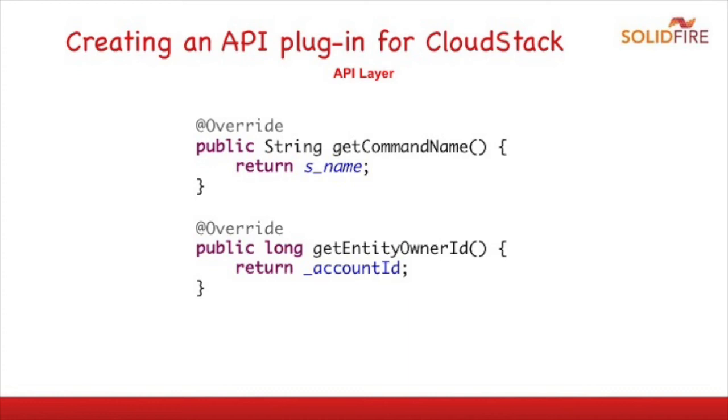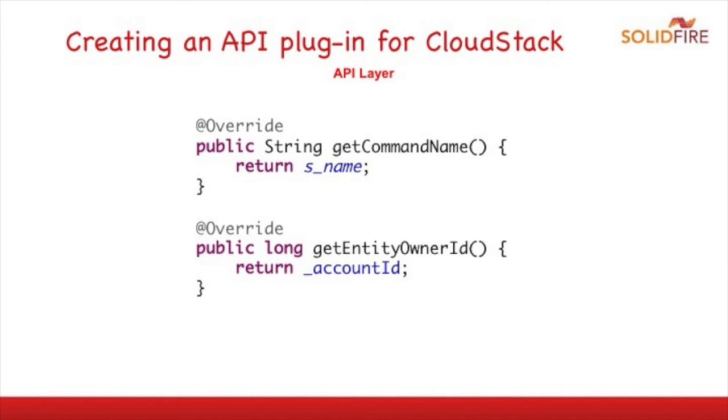One of the methods you need to override is get command name, and then below that, get entity owner ID. So your command name is typically just that variable that we called s_name. And that's going to be used on the front end to reference the data that comes back from the API command so that they can retrieve the particular piece of information that they're interested in.